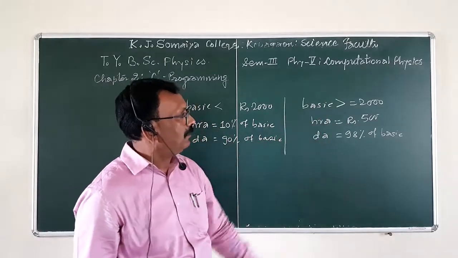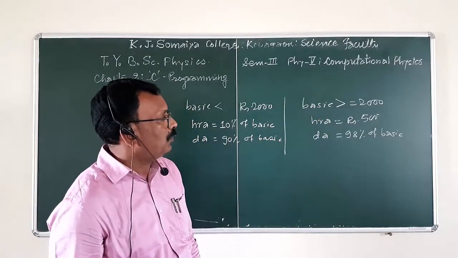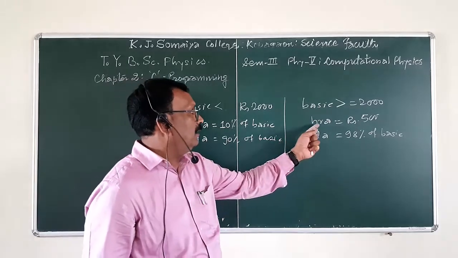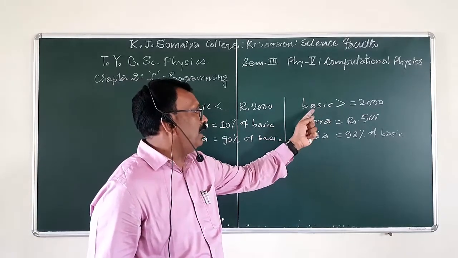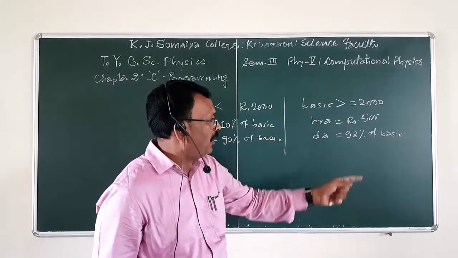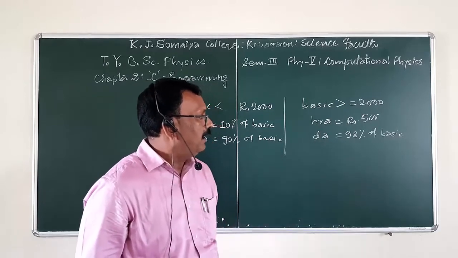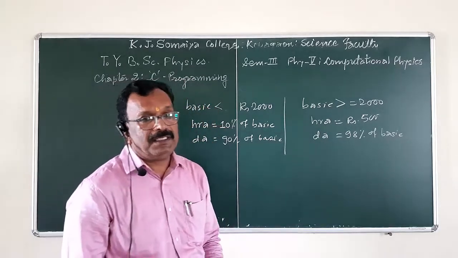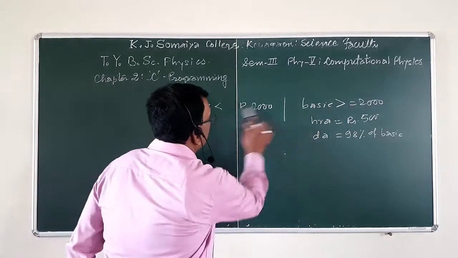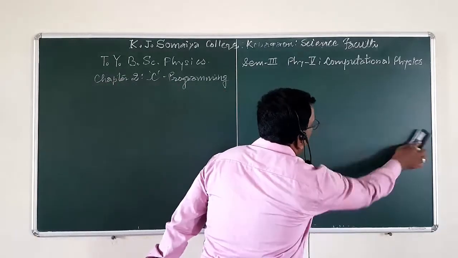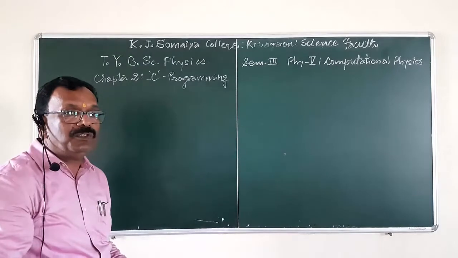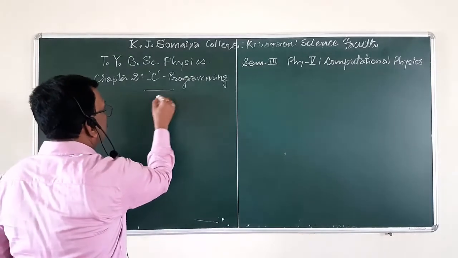If basic is greater than or equal to 2000, then we have to add in gross salary basic plus HRA 500 plus DA, that is 90% of the basic. Now here, in order to solve this problem, we are going to see the flow chart. The flow chart is very simple.